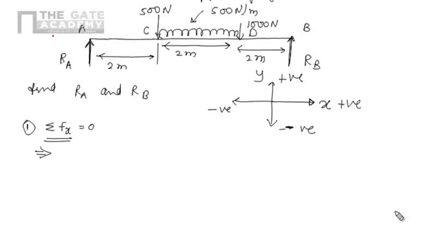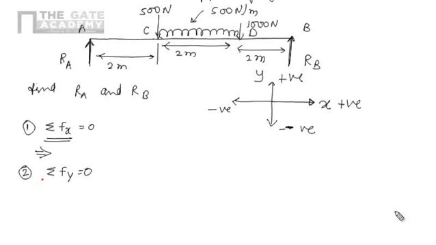So at A there are no horizontal forces, at C, D and B there are no horizontal forces. So there is no need of applying the first equation. Second equation, the algebraic summation of all the vertical forces should be 0.